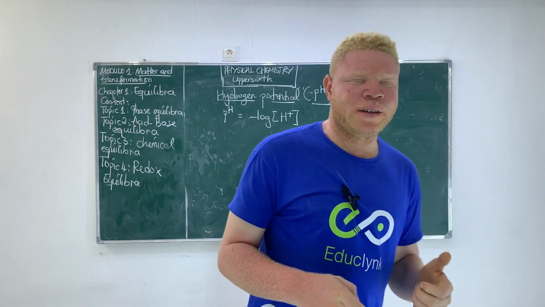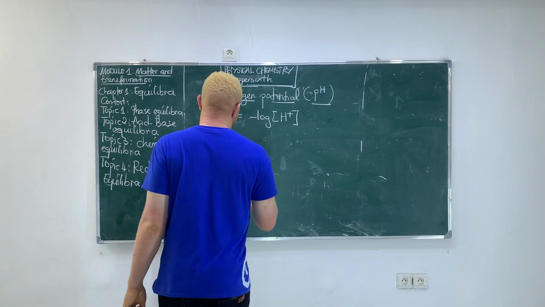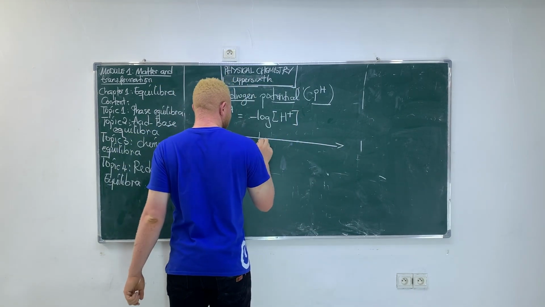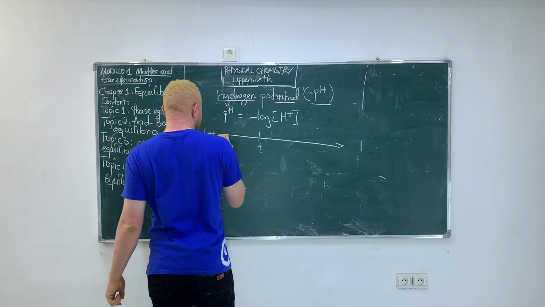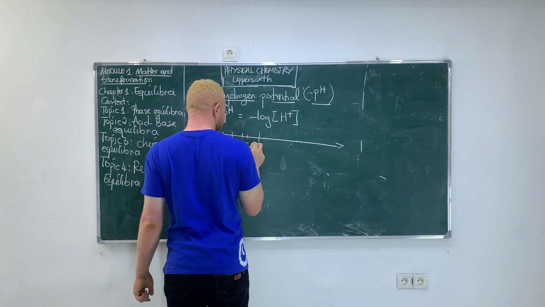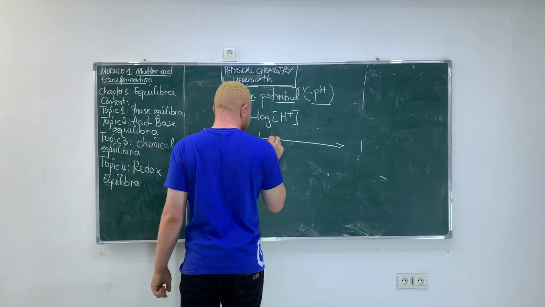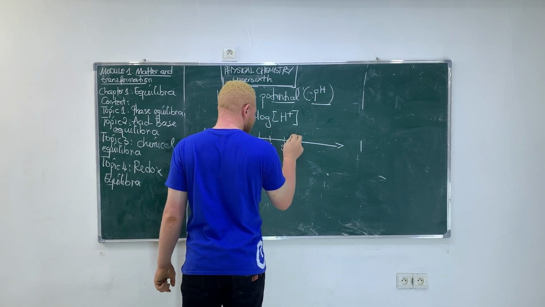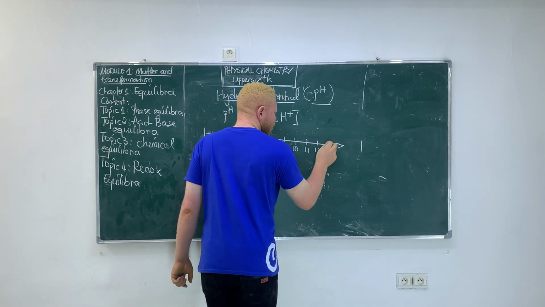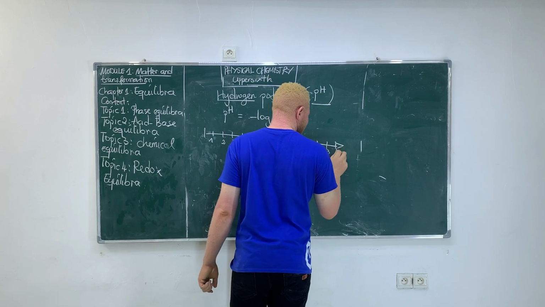So you can have the pH scale: 0, 1, 2, 3, 4, 5, 6, 7, 8, 9, 10, 11, 12, 13, 14.